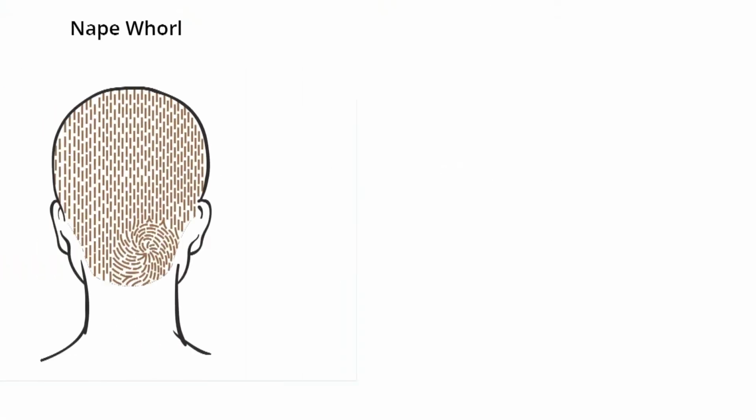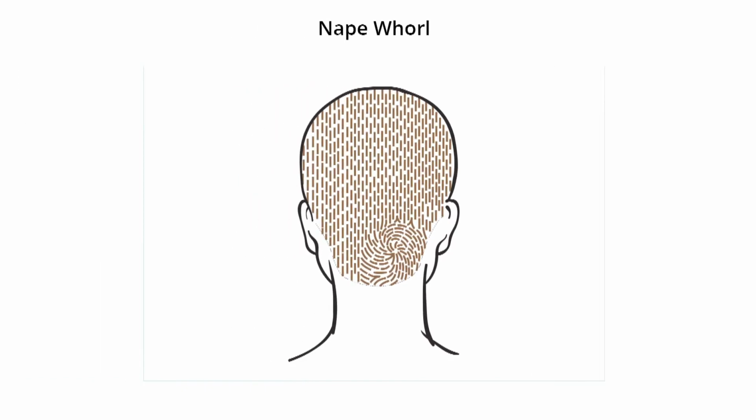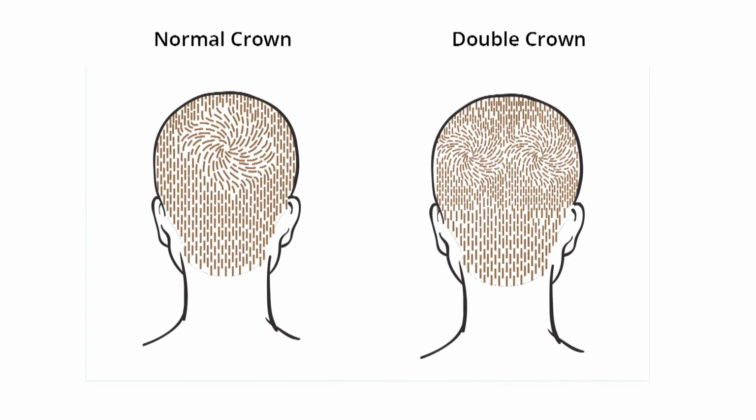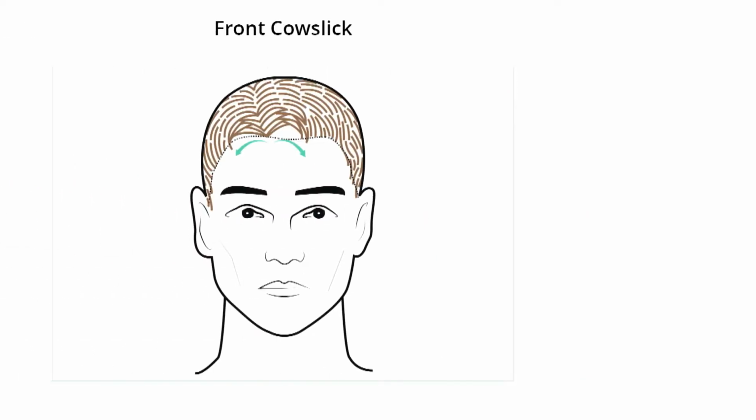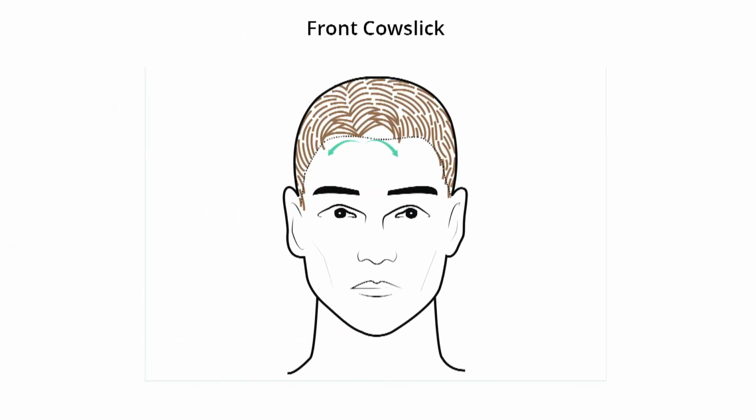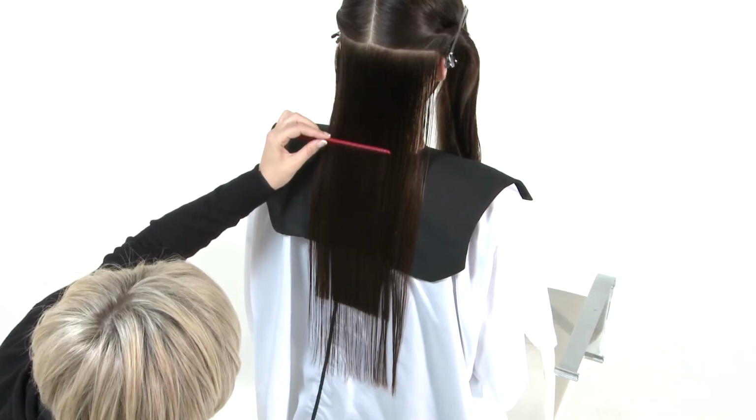Growth patterns refer to the direction the hair grows from the hair follicle. Tension is the amount of pull applied to the hair when cutting.